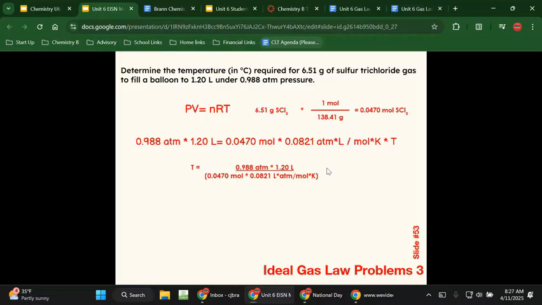Somebody tell me what we get for a temperature. What do we get for T? Thank you.